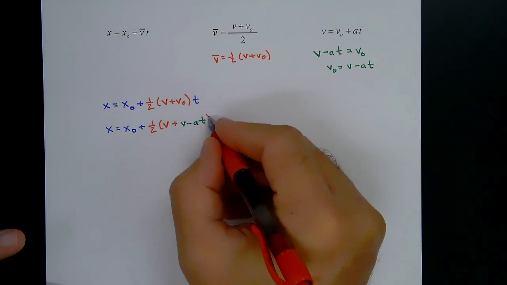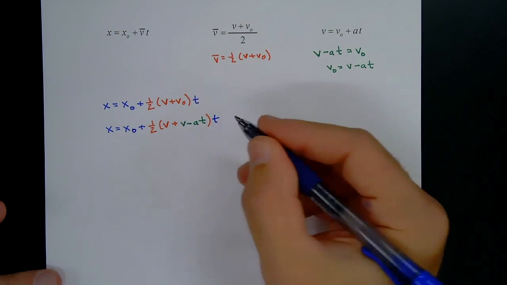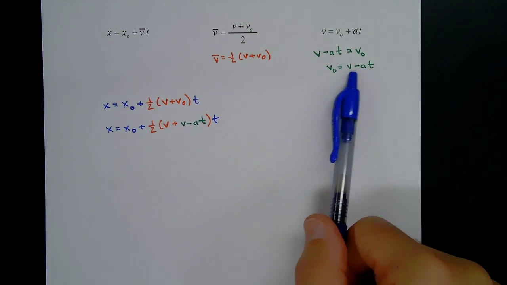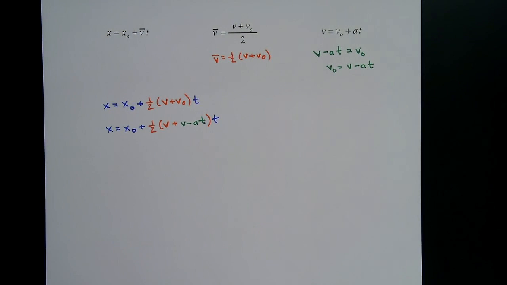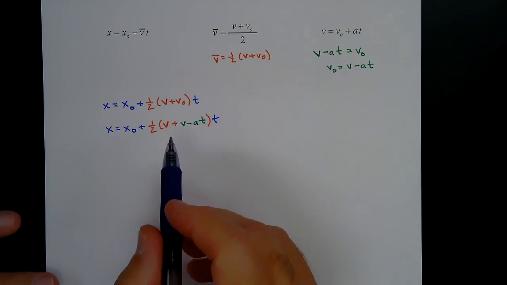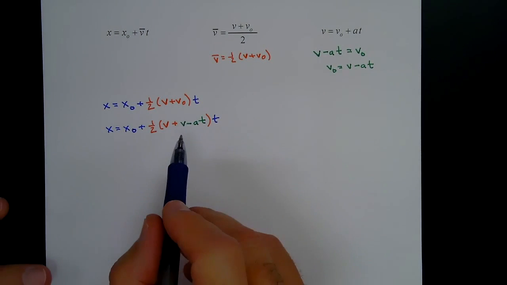And I'm going to close parenthesis and multiply by t. Okay, so that v sub o right here got replaced with v minus at because they're the same thing. It's all substitution from like math 1 and math 2, okay? All right, now the next thing I'm going to do is I'm going to remove the color. I'm just going to do the algebra on this now, okay? I just want you to use the color to help you see where everything's coming from.